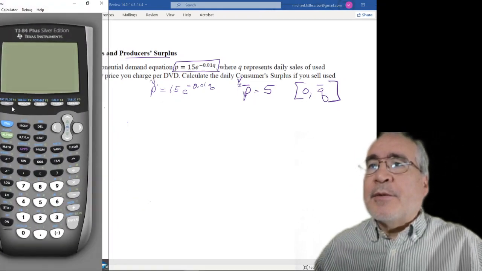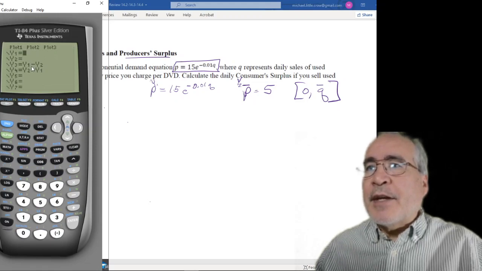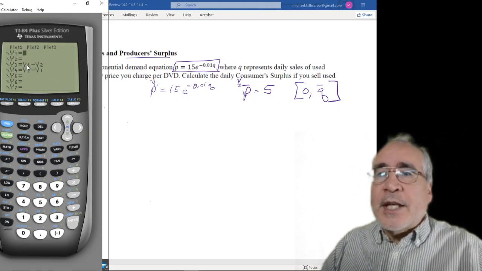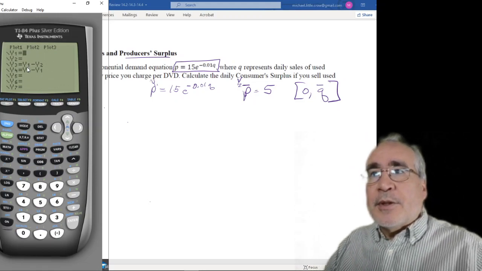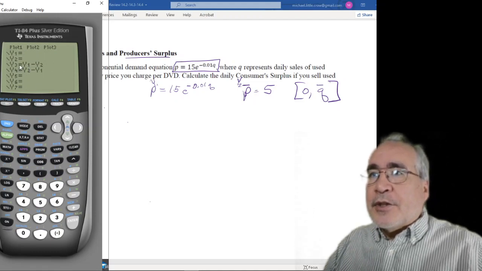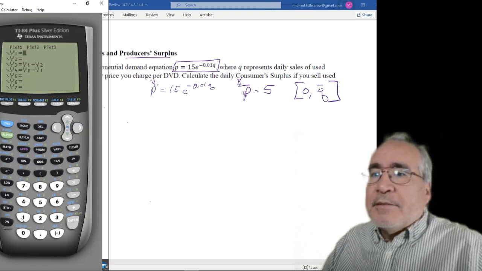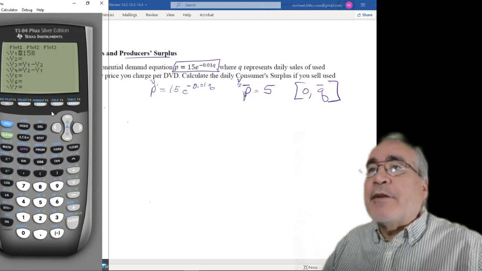So we'll put in Y1, and I've got my Y1, Y2, the subtraction of the two functions, set up from when I was doing the area of two curves already. And notice they're turned off, so I can leave them here forever, literally, or until the batteries run out.